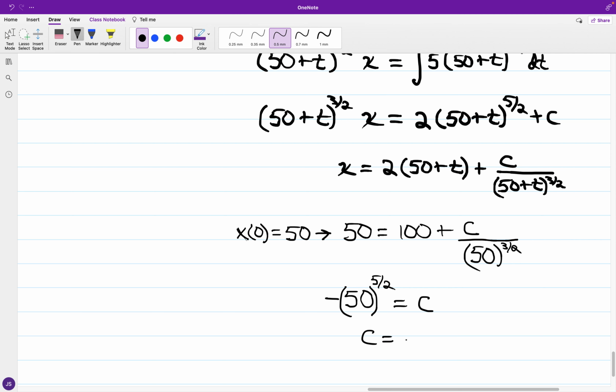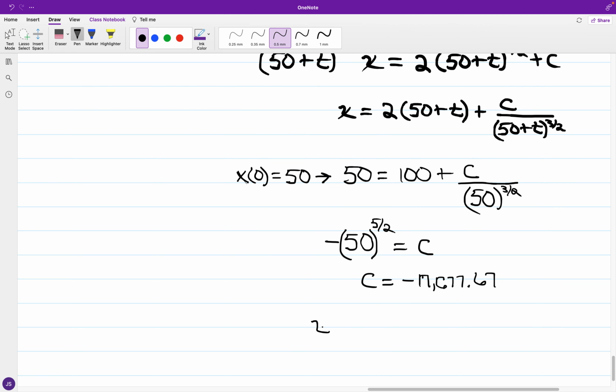So for c, we're going to have minus 17,677.67.